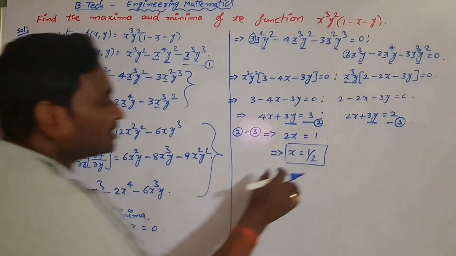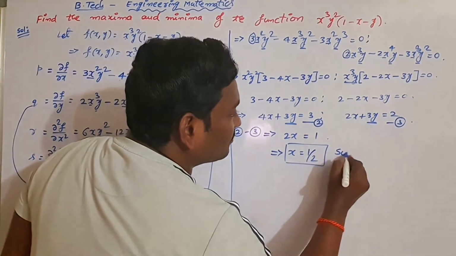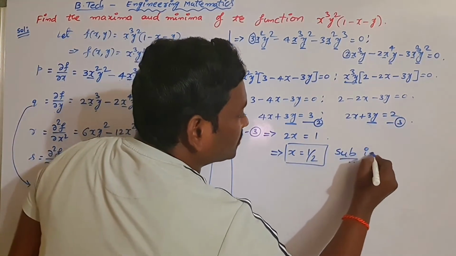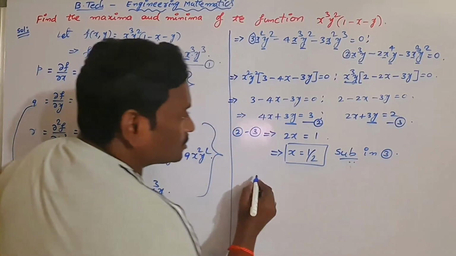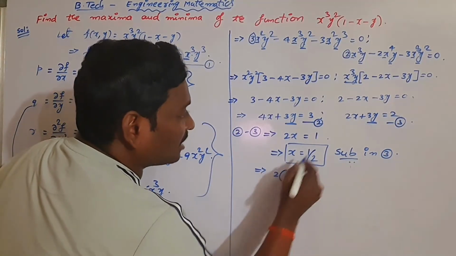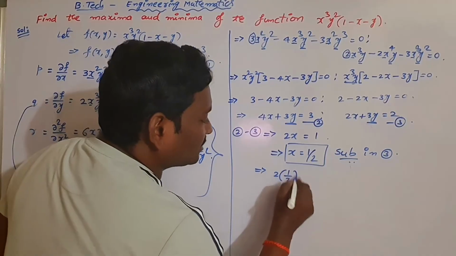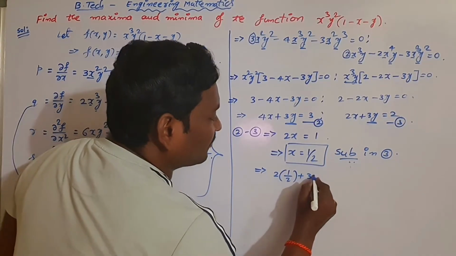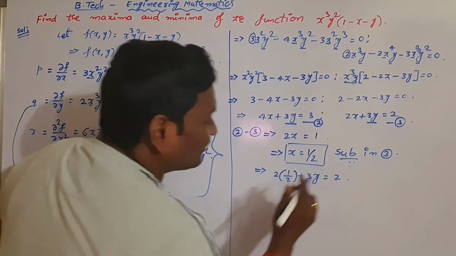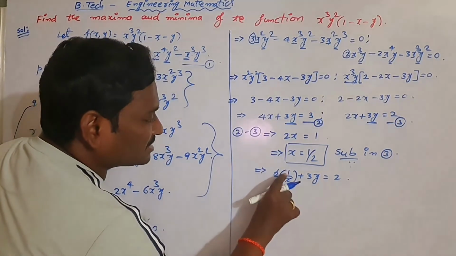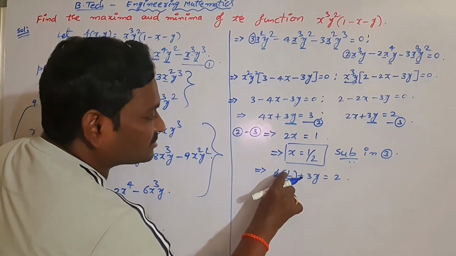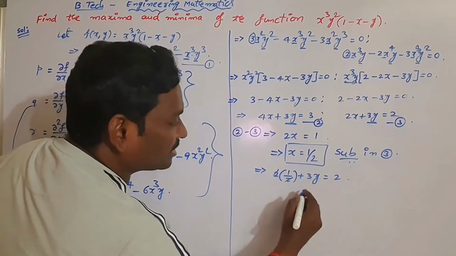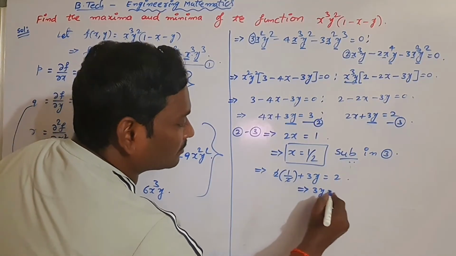You can substitute this x is equal to 1 by 2 in equation number 3. Substitute in 3. So you will get 2 times x, which is 1 by 2, plus 3 into y. We are going to find out the y value now. This 2 gets cancelled, 1 is the remaining term. If you take this 1 to the right side, you will get 2 minus 1, 1. So 3y is equal to 1.